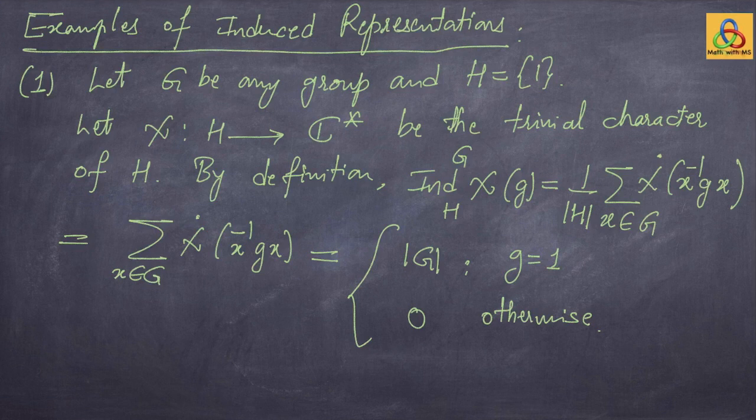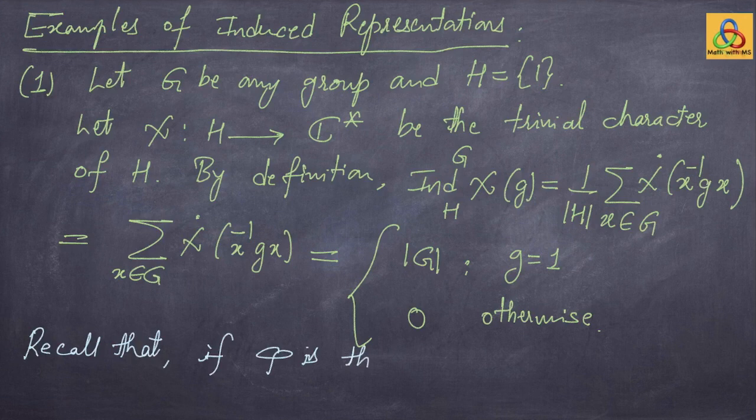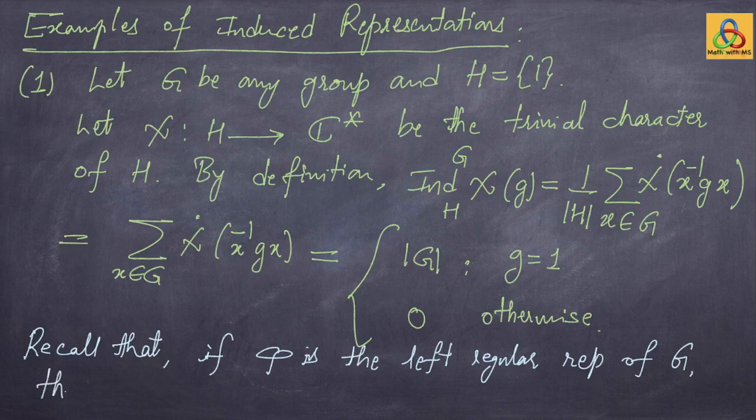Which representation of a group has this kind of character? You may recall that the regular representation of a group has character precisely the induction of chi from H to G. Recall that if phi is the left regular representation of the group G, then the character of phi at a group element is exactly this.